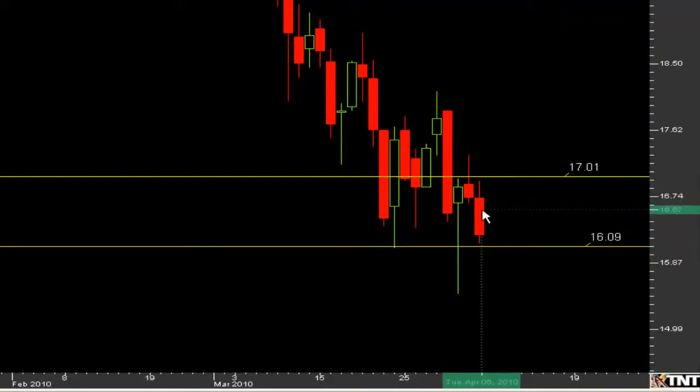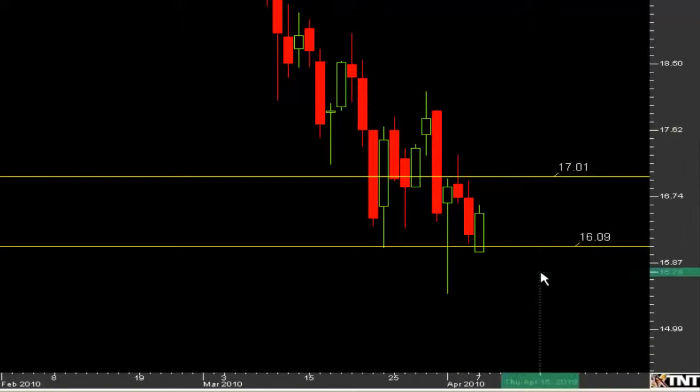You want to sell this bar. The very next day, the market actually opens below our intended entry. Now, if you were not watching the opening range, you perhaps would have just sold it off of the open. After all, it went below 1609.